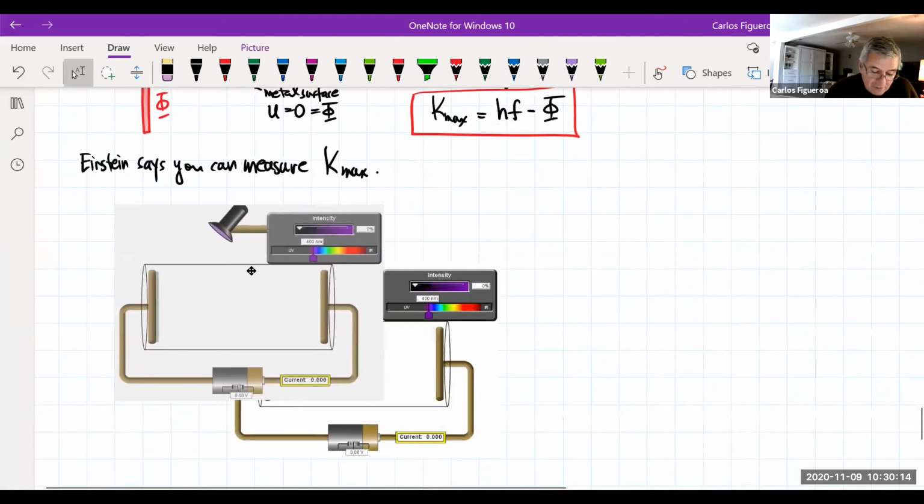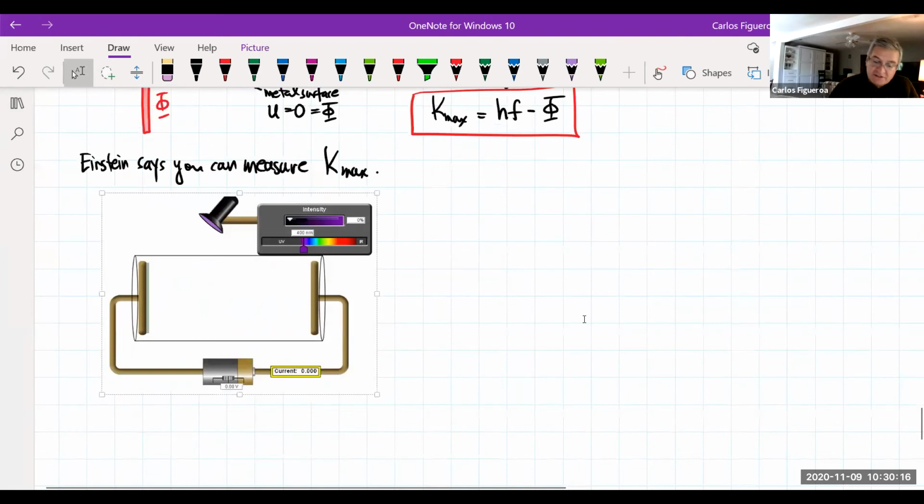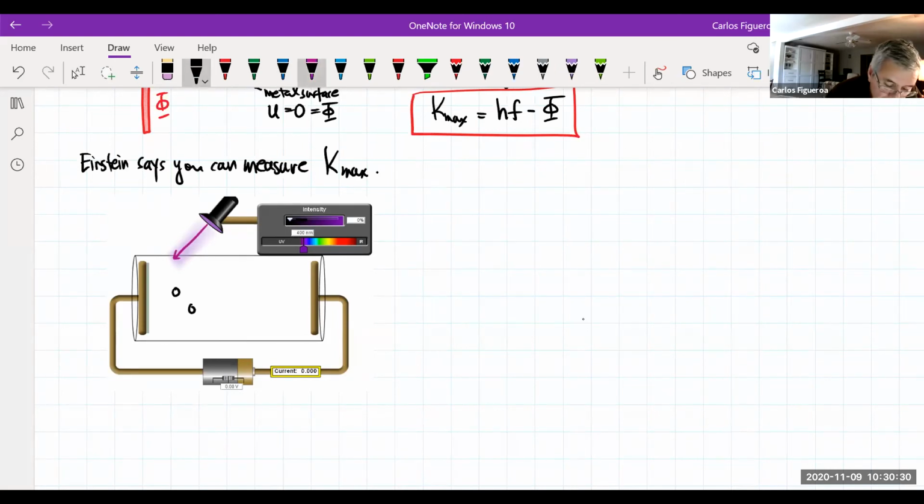So what you're seeing with the photoelectric effect here is that one of the things we said is that we're going to shine light, right? As you shine light, it's going to come here, and what are you going to do? You're going to eject electrons. And some of these electrons are going to be moving with a K max here. Now, the key thing is that these are my metal plates right here.